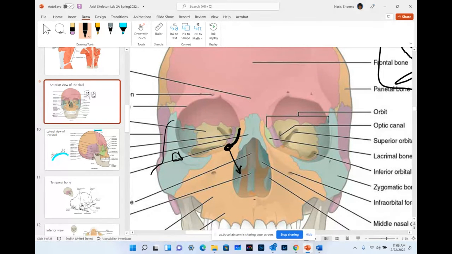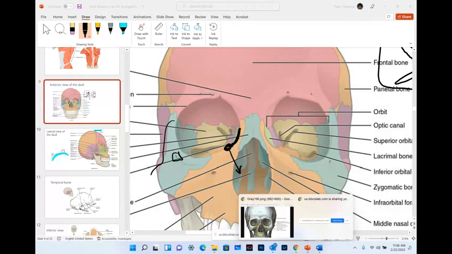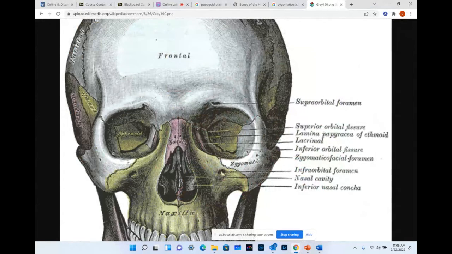So, how is the nasolacrimal groove and the canal? Let me show you. You can kind of get a better idea right here. Do you see that little depression here? That is nasolacrimal groove, and that leads into canal right there.